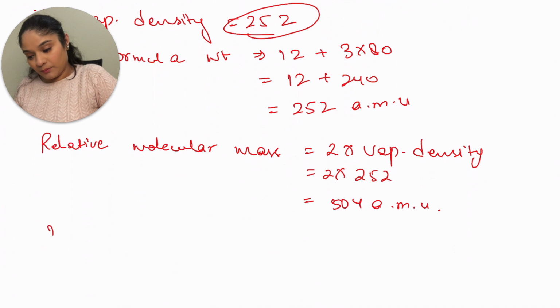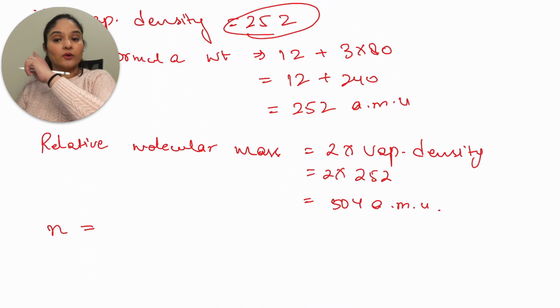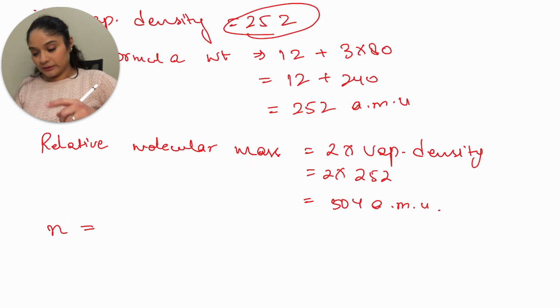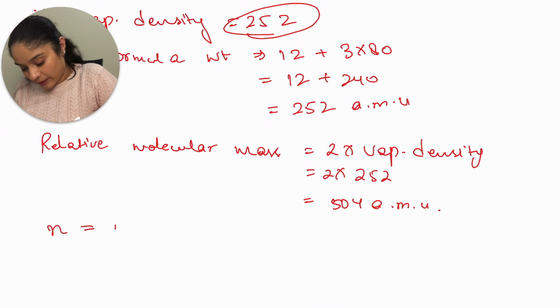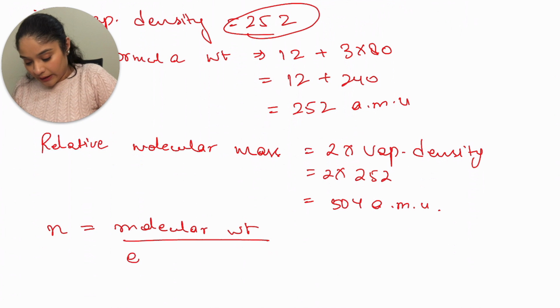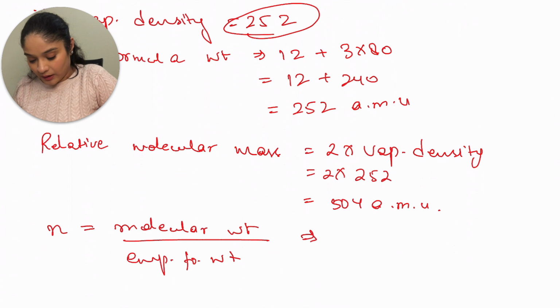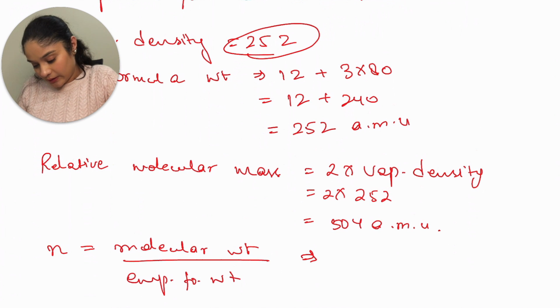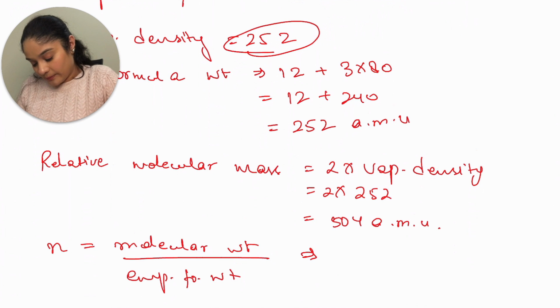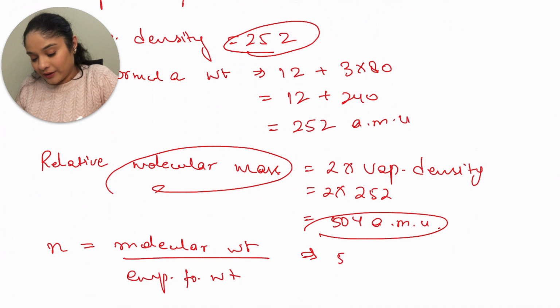Now we'll use the basic formula that we did in one of the previous questions. That was n is equal to molecular weight divided by empirical formula weight. Have we calculated molecular weight? Oh yeah, relative molecular weight right here. So this is 504 divided by empirical formula weight 252.